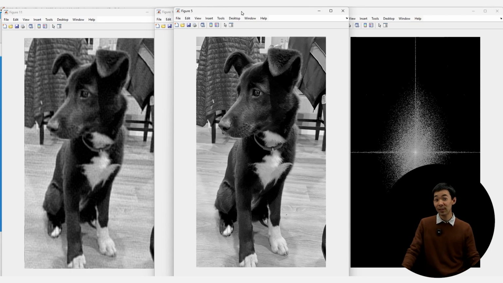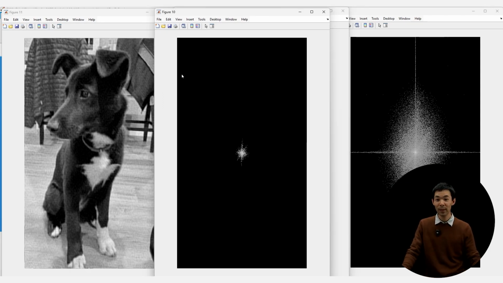Now, if I wanted to save even more space, then I can take a more aggressive filter. And now this filter, as you can see, I've only retained literally the key modes very close to the center, and this inversion back would create this picture over on the left-hand side.